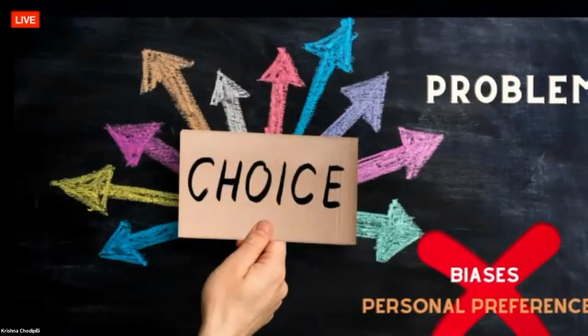What I would recommend is that for any choice you're making, it should start with the problem first, not your biases or your personal preferences. When biases and personal preferences are taken into consideration, we don't do it knowingly, but sometimes it happens. We are human beings.